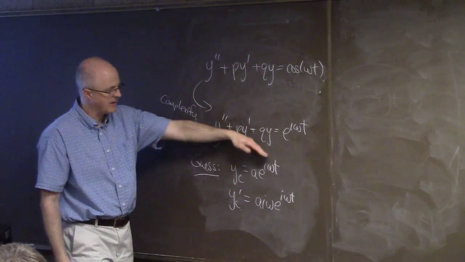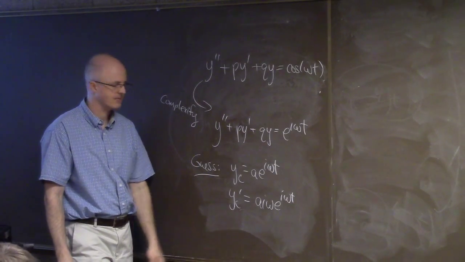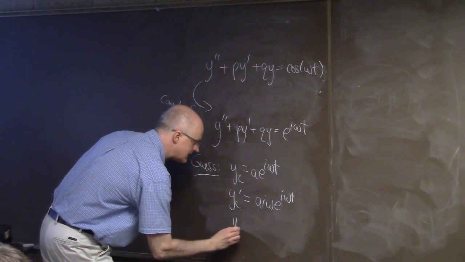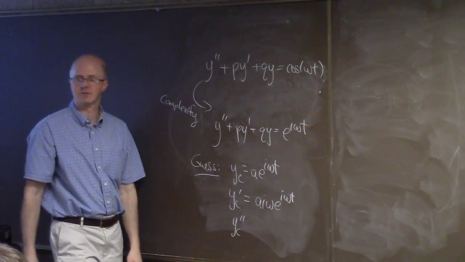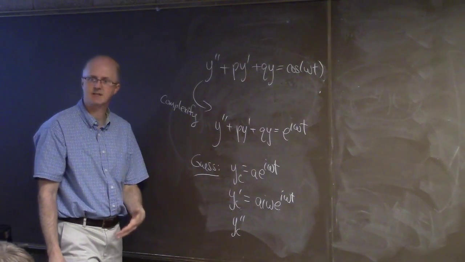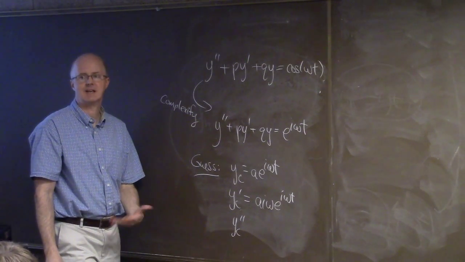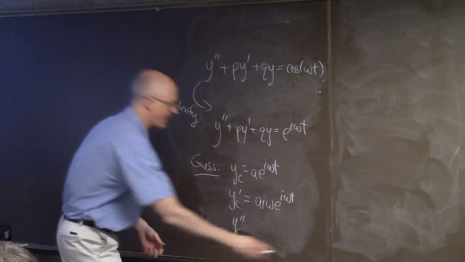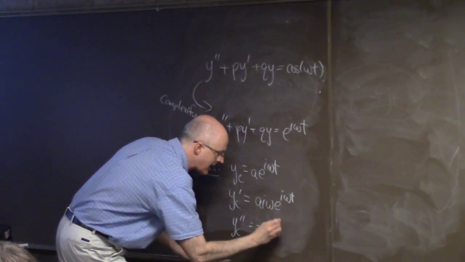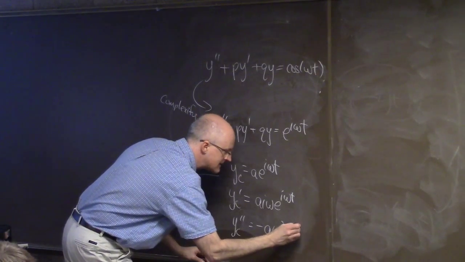By the chain rule, I omega is the constant. Get an extra factor of it there. Differentiate again, you get another factor of I times omega, meaning you get an I squared times omega squared. I squared is -1. So this becomes negative A omega squared e to the I omega t.